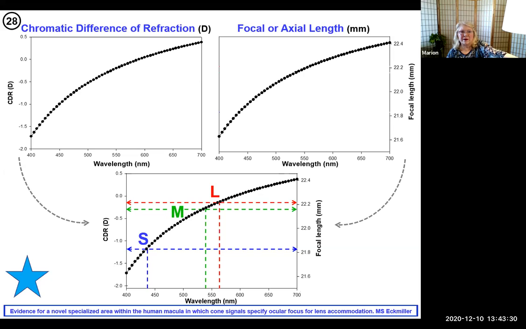Each of them will know whether they're an S, M, or an L cone based on what wavelengths of light they prefer to get a high signal. If it's an S cone, it will know I want this chromatic level of aberration and this focal length, and the L cones will want a different focal length and focus level.